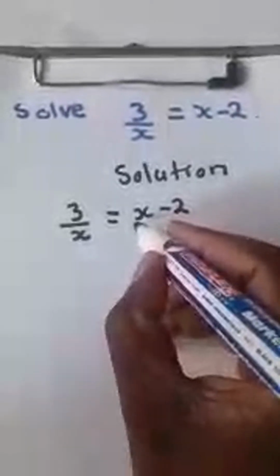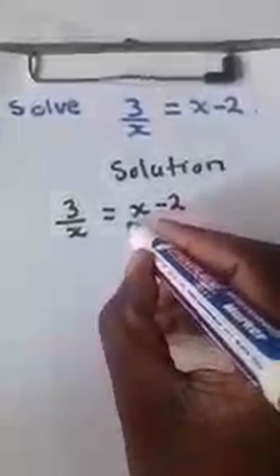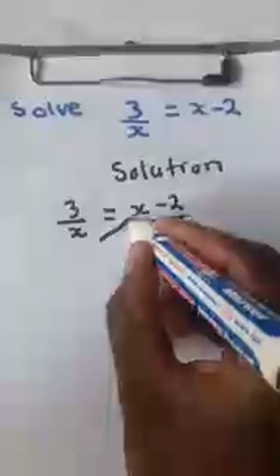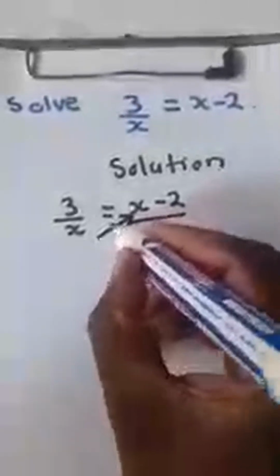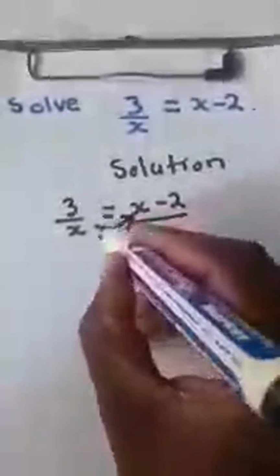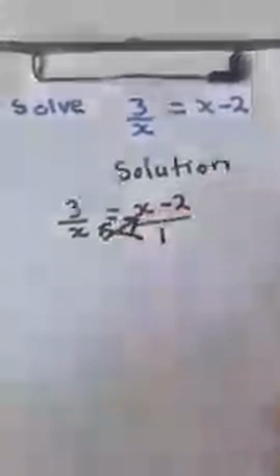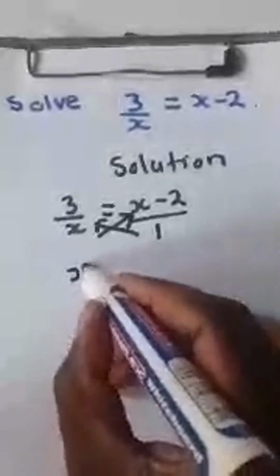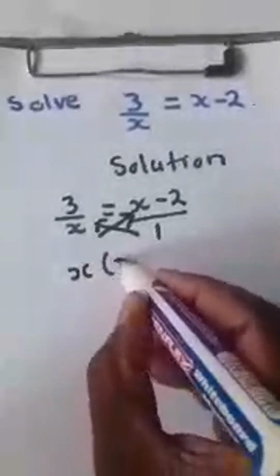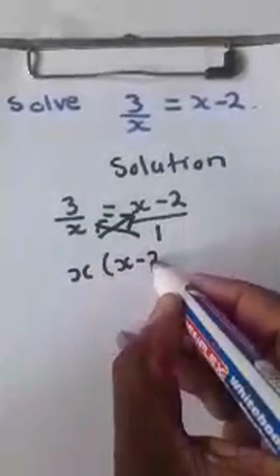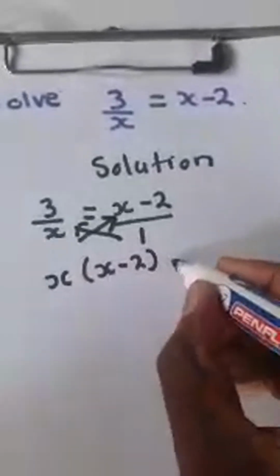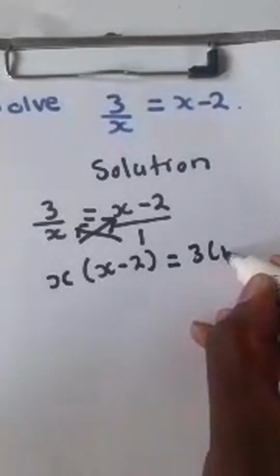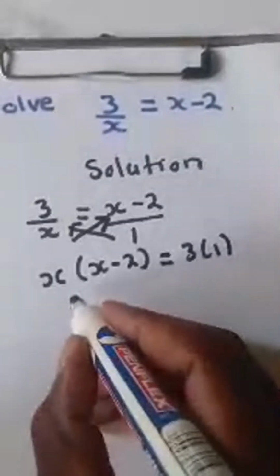We should always remember that every whole number is over what? It's over 1. So we are going to cross multiply, and we cross multiply here. So it's now x multiplied by x minus 2 is equal to 3 multiplied by 1.